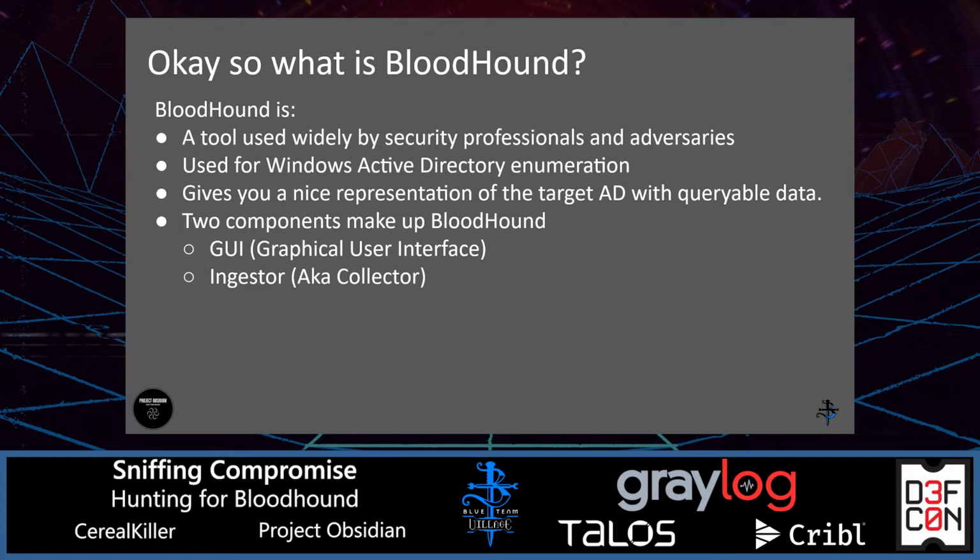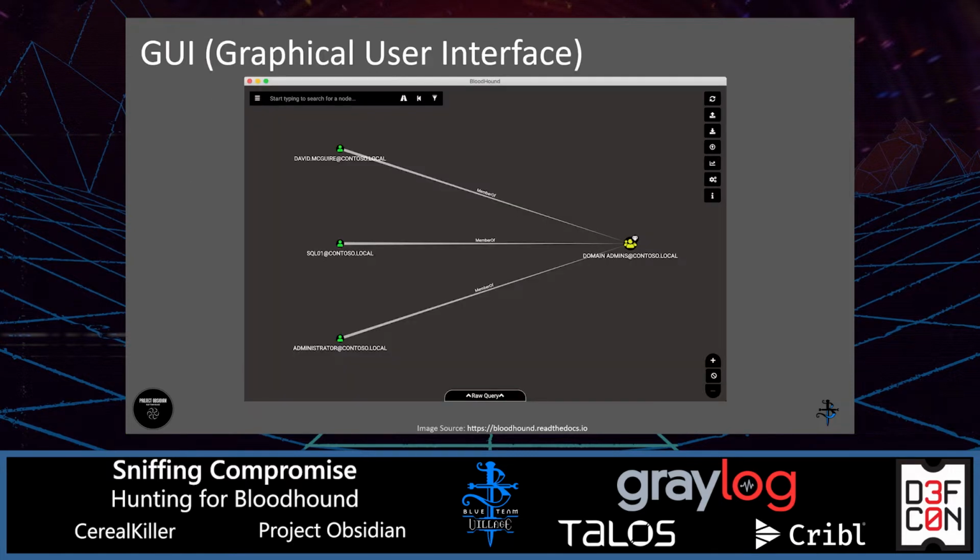So Bloodhound is comprised of two components. The UI, or the GUI, the graphic user interface, which is usually installed on workstations that are ingesting the data. And this is what it looks like. There's a search at the top left. Each thing within an AD is represented as a node.